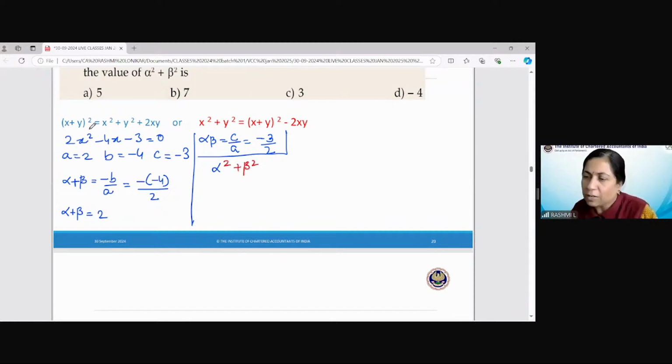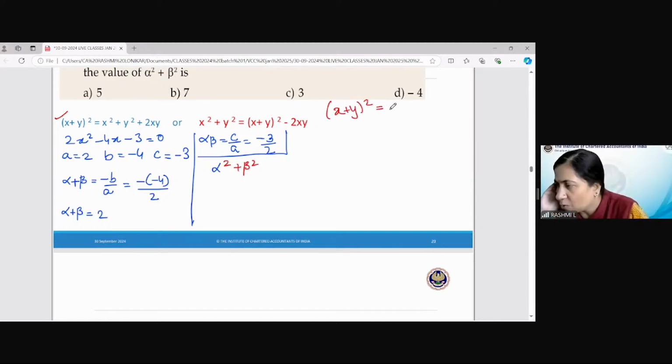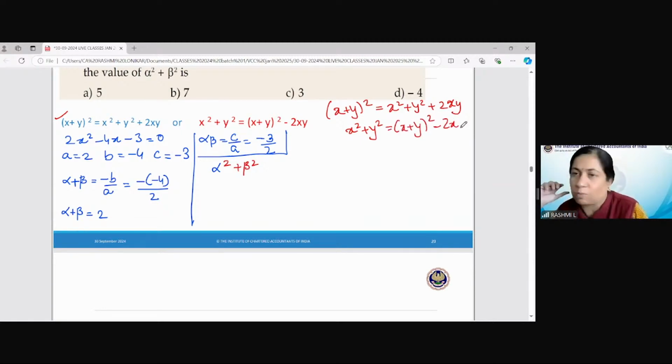Now here I have already written this. So x plus y whole square is equal to x square plus y square plus 2xy. Remember, class 7th, 8th we have done. Now what I want is alpha square plus beta square. So I will write x square plus y square is equal to x plus y whole square minus 2xy. Why do I do this?